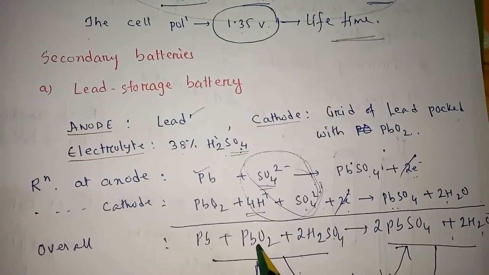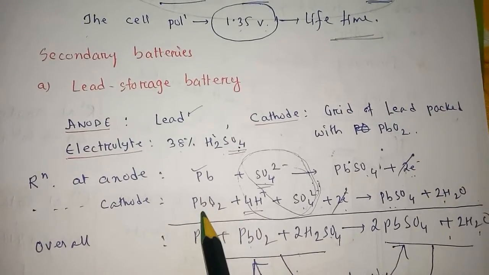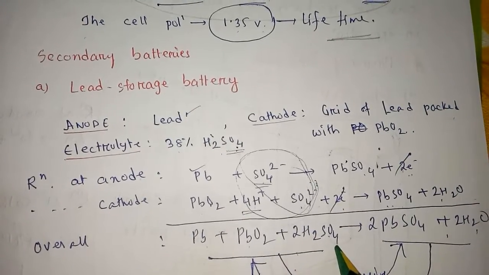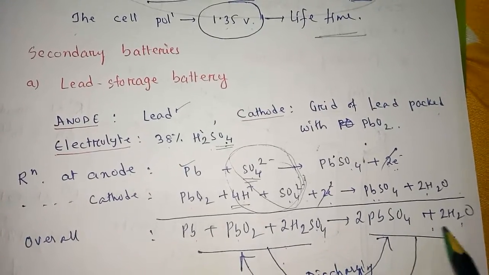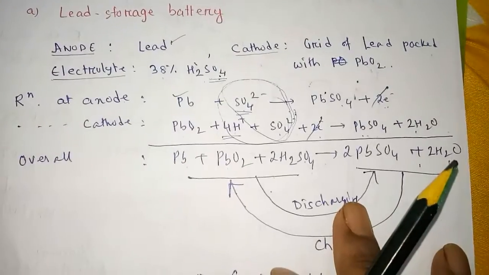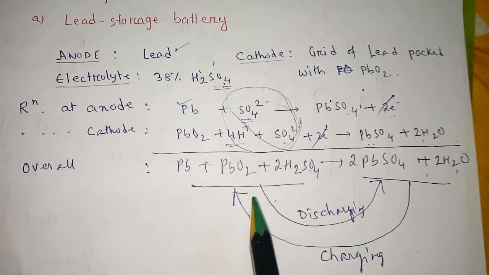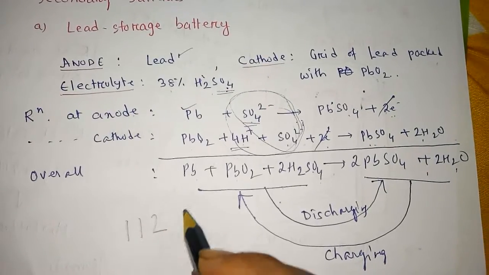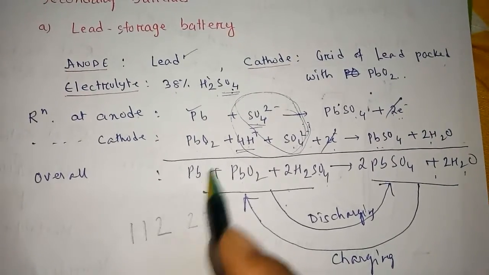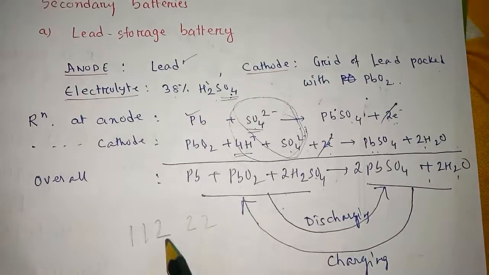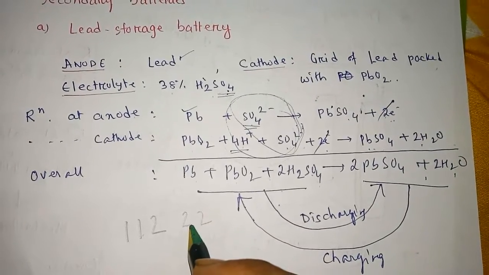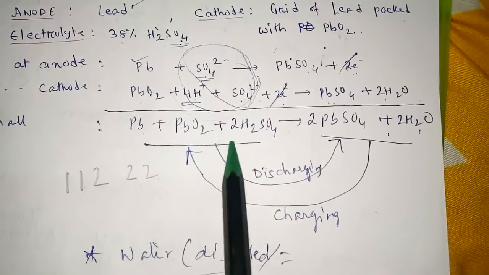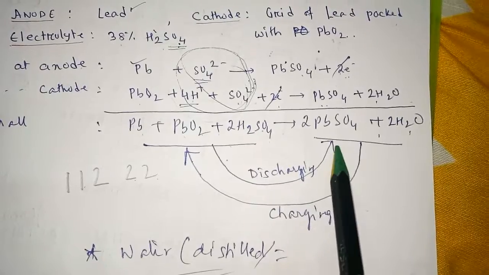Overall, Pb plus PbO2 plus 2H2SO4 gives 2PbSO4 plus 2H2O. One point to remember: the coefficients are 1, 1, 2, 2, 2, meaning 1 Pb, 1 PbO2, 2 H2SO4 gives 2 PbSO4 and 2 water. This is the reaction going on when the inverter is working.